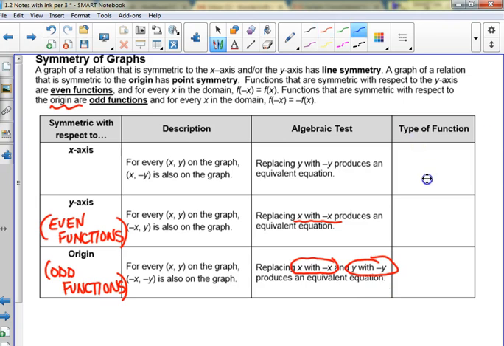I don't know what I meant by type of function. Oh, that's where I was supposed to write even, odd? I don't know. Okay, so I'm just going to draw a picture. This would be an x-axis symmetry, and it's not a function at all, right?